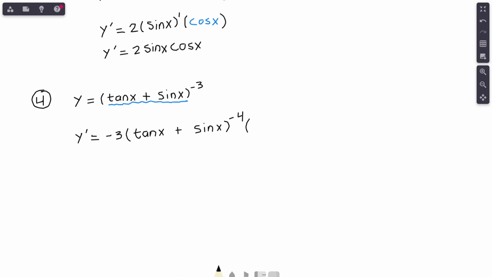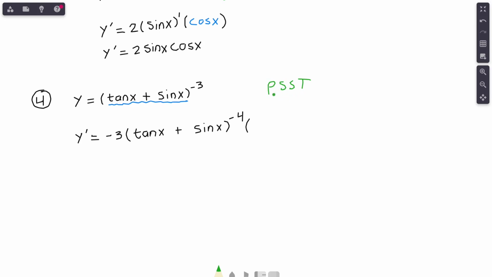Now, what's the derivative of tangent x? Well, there's a little trick that I know to find the derivative of tangent x. The way it works is you go PSST. P, S, S, T. The S's stand for secant, the T stands for tangent, and the P just means positive.